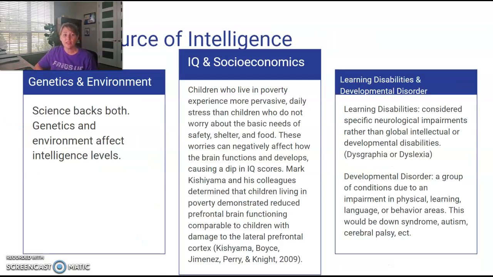Next, the source of intelligence. Genetics and environment, science backs both. Genetics and environment affect intelligence levels. IQ and socioeconomics. Children who live in poverty experience more pervasive daily stress than children who do not worry about the basic needs of shelter, safety, and food.